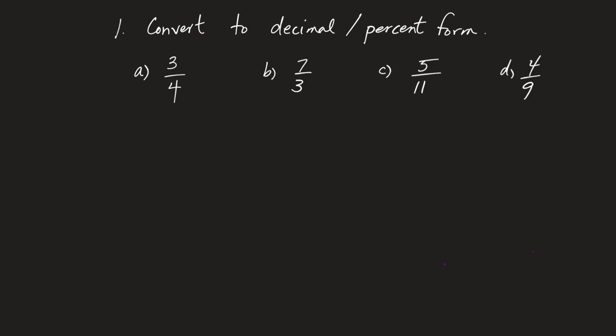The problem says to convert, and another word for convert is change. So I have to change that into a decimal. For us to change a fraction into a decimal, I need to do the division operation. So I'm going to take 3 and divide it by 4.